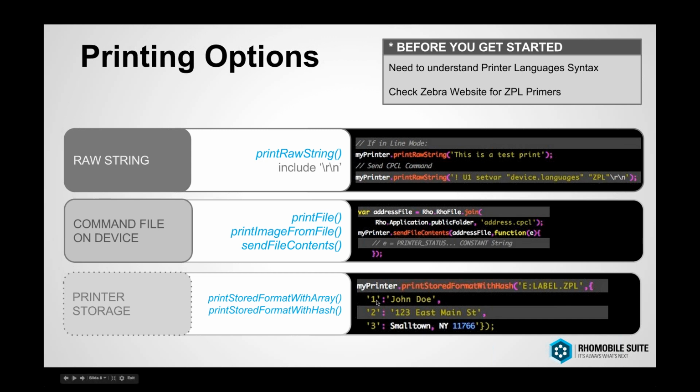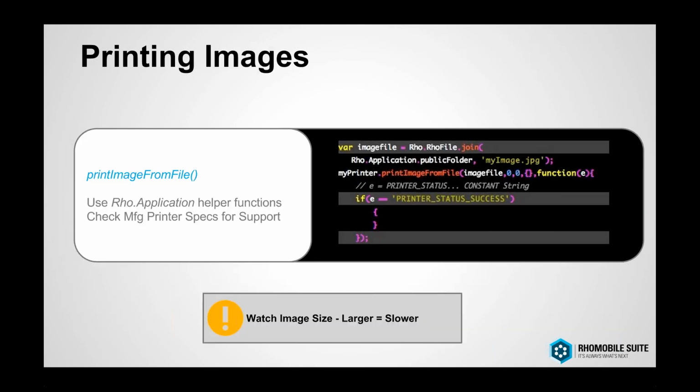The syntax is a little different. In this case, I'm sending in a hash, and I have three parameters that I'm passing in: the name, the street, and then the last line of the address, and then my label would be printed. Okay, so those are basically the three concepts when it comes to actually printing different types of things.